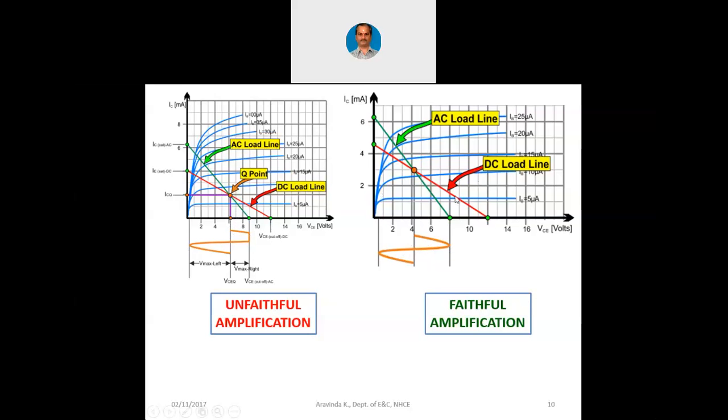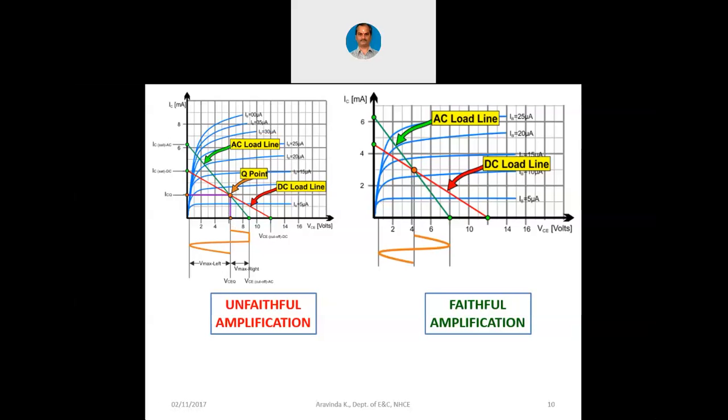You can compare the right hand side picture with the left hand side picture, and observe that the Q point is shifted. Even though the slope of the load line is the same, the Q point itself is shifted. Here the Q point was somewhere at 6 volts. Now here the Q point is somewhere at 4 volts. So that is the measure which we have to take.